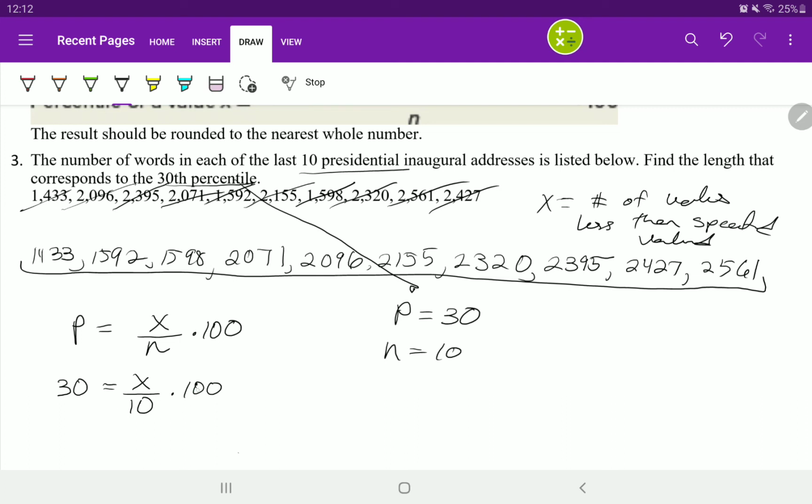Now we can divide 100 by 10, because 10 goes into 10 once and 10 goes into 100 ten times. So we have 30 equals 10 times X. To get X by itself, we're going to divide both sides by 10.